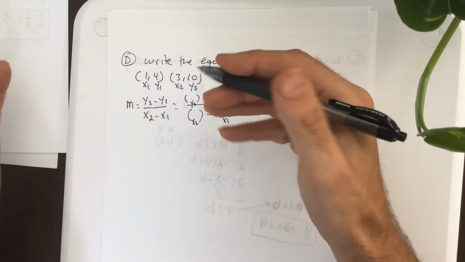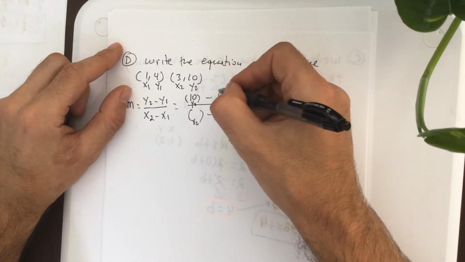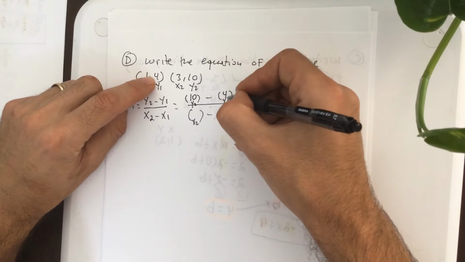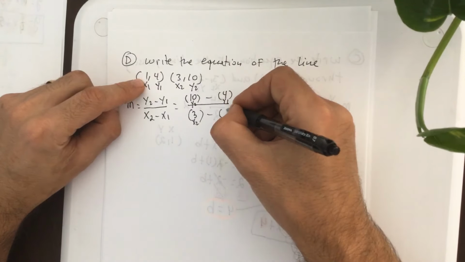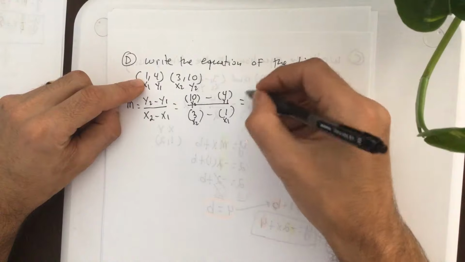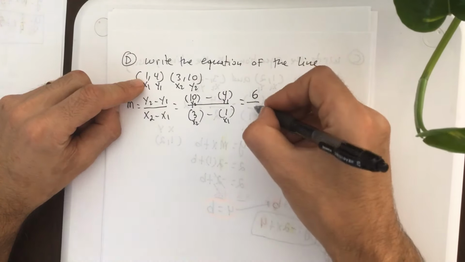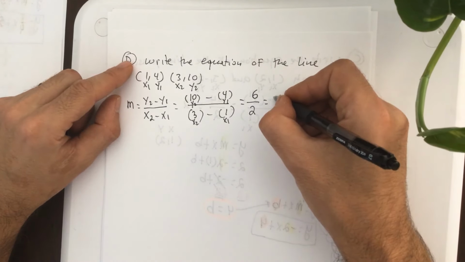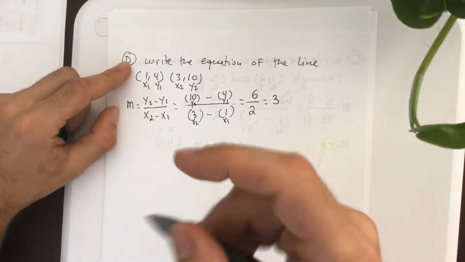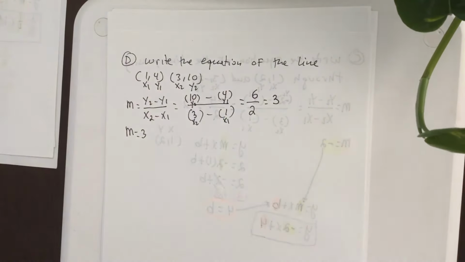I just do this so I don't get lost. And y2 is 10, y1 is 4, x2 is 3, x1 is 1. 10 minus 4 is equal to 6, and 3 minus 1 is equal to 2. So my slope is 6 over 2, which is the same thing as 3. So slope 3. So first part done.